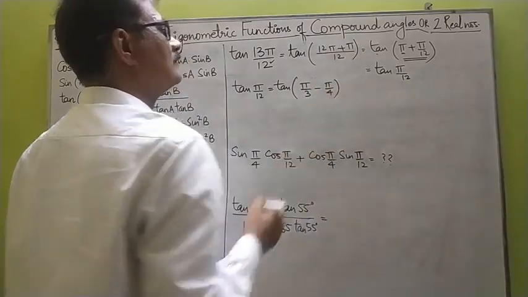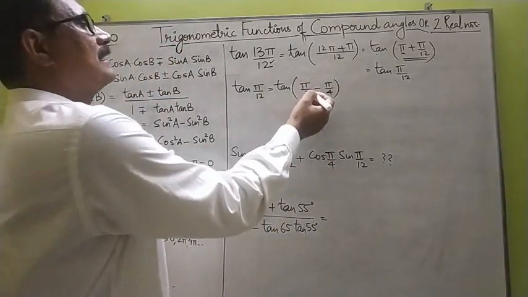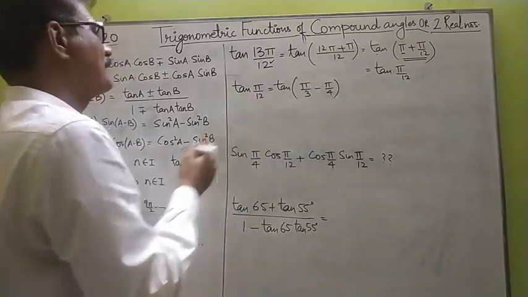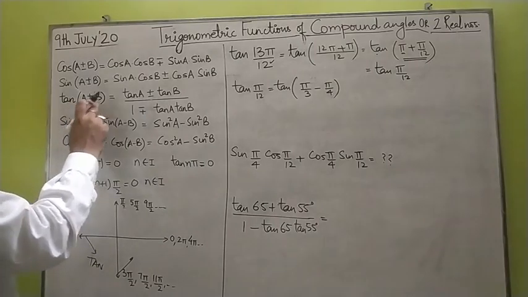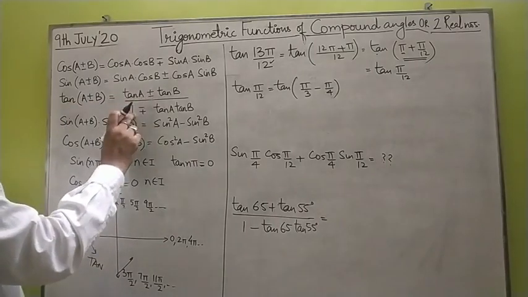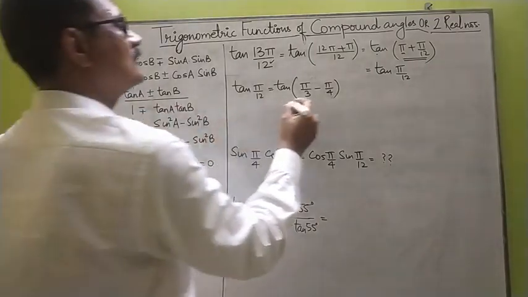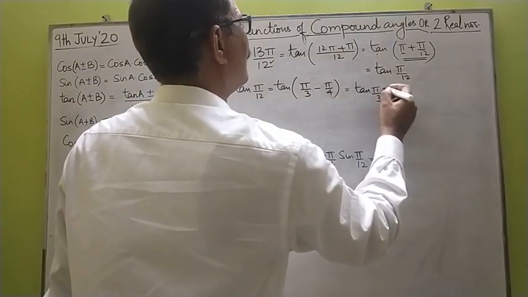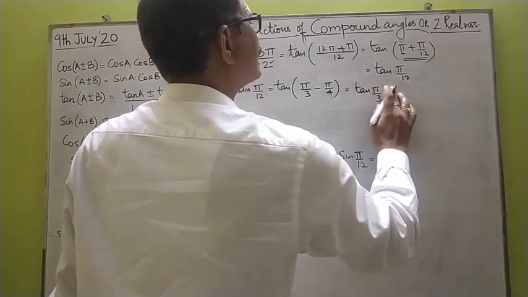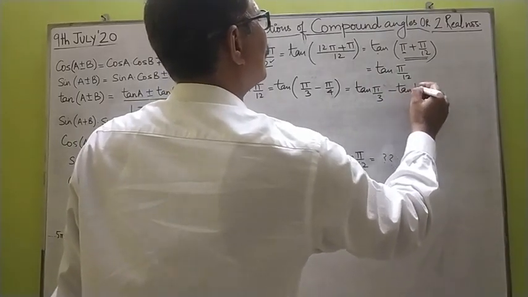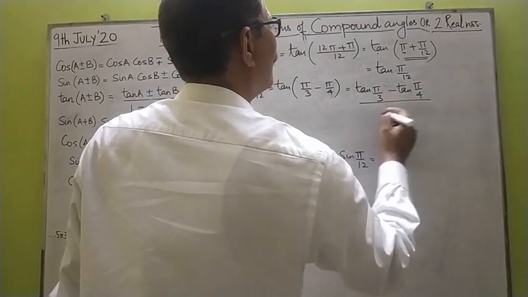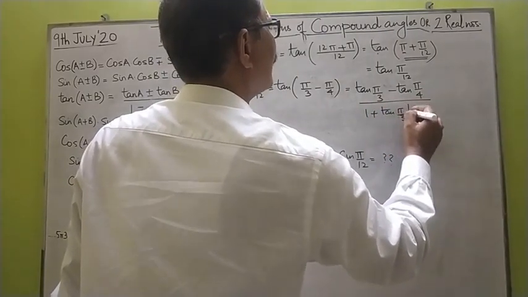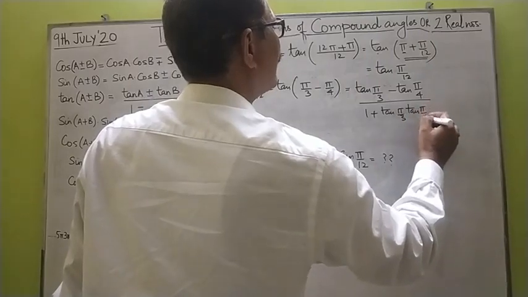You can see that pi by 3 is 60 and pi by 4 is 45, minus this you can simplify to get pi by 12. Now you use the expansion of tan of a minus b. Tan of a minus b is tan a minus tan b, upon 1 plus tan a tan b. So by using that expression we will write tan pi by 3 minus tan pi by 4 upon 1 plus tan pi by 3 tan pi by 4.